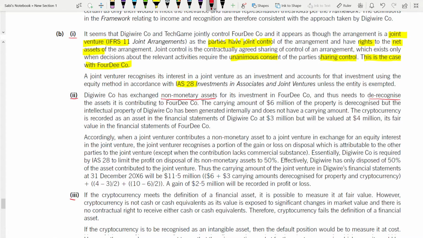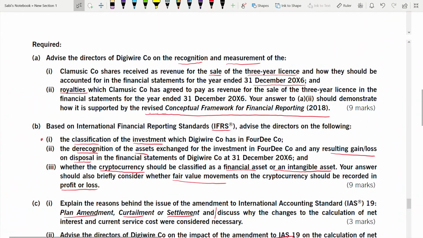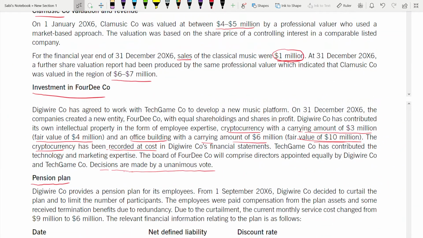Remember that whenever intellectual property is internally generated, you don't recognize it as an intangible asset, and it does not have a carrying amount. And the carrying amount of 6 million of property is derecognized. What is it? This 6 million office building.